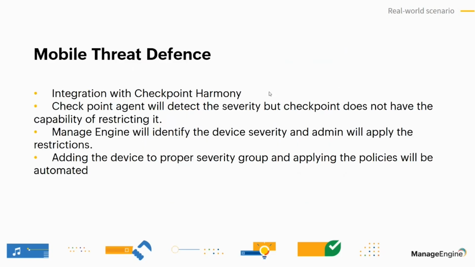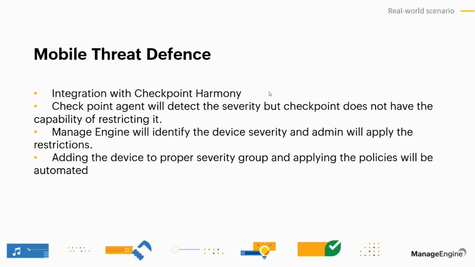So now we can see how we can control threat defense for our managed devices. We support Checkpoint Harmony, where we can detect the severity from the Checkpoint agents. With the Checkpoint integration, we do not have the capability to restrict with Checkpoint mobile threat defense, but we can identify the devices with Checkpoint Harmony, and then go with the profile configuration.